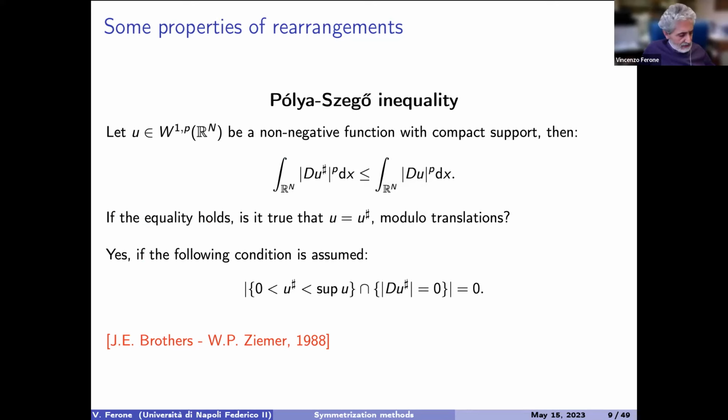A little bit like for the perimeter, some quantities depending on the measure are fixed, and then some quantities depending on the gradient go down. The fact that this holds true is quite simple to describe. When you have a generic function, you can have some oscillation. So when you rearrange u, then u sharp has the minimal possible oscillation, and in this sense this inequality can be justified.